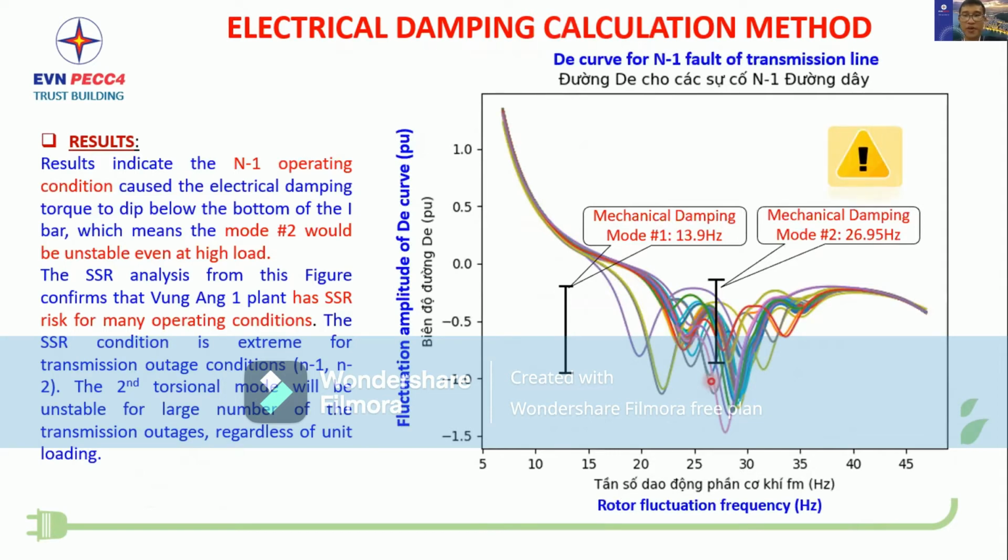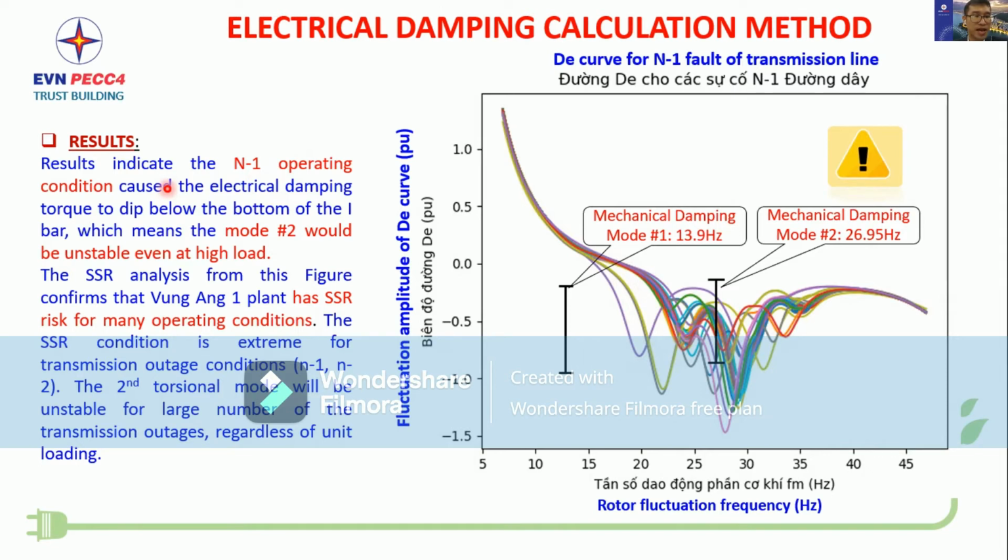So we have prepared the simulations for n-1 of the transmission line. The results indicate the n-1 operating conditions cause the electrical damping torque to dip below the bottom of the I bar, which means mode number 2 would be unstable even at high load.